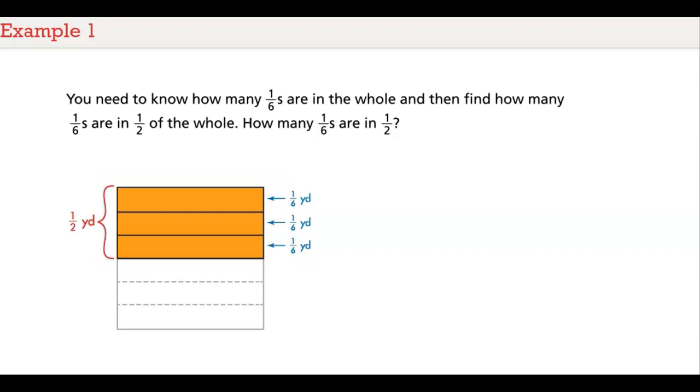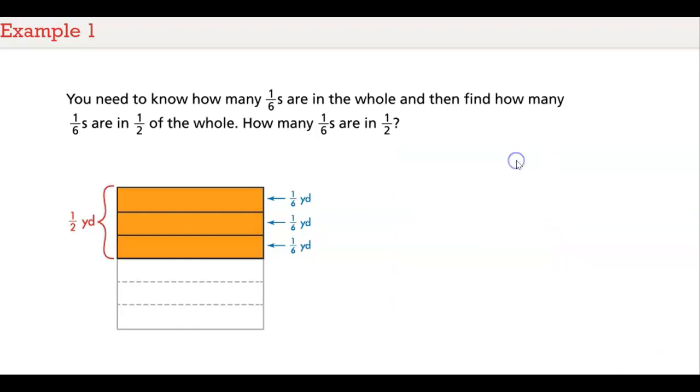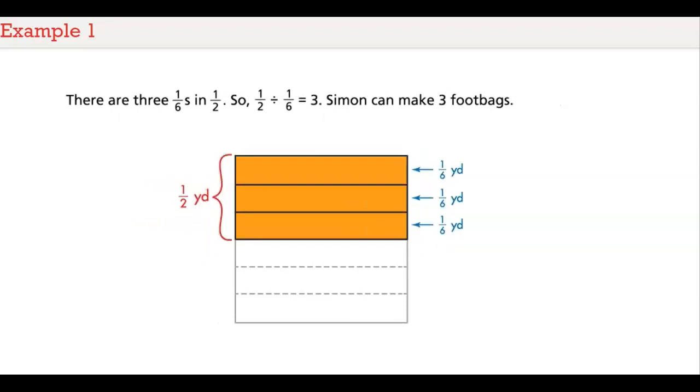How many 1/6 are in 1/2? Select your answer. There are 3 1/6 in 1/2, so 1/2 divided by 1/6 equals 3. Simon can make 3 foot bags.